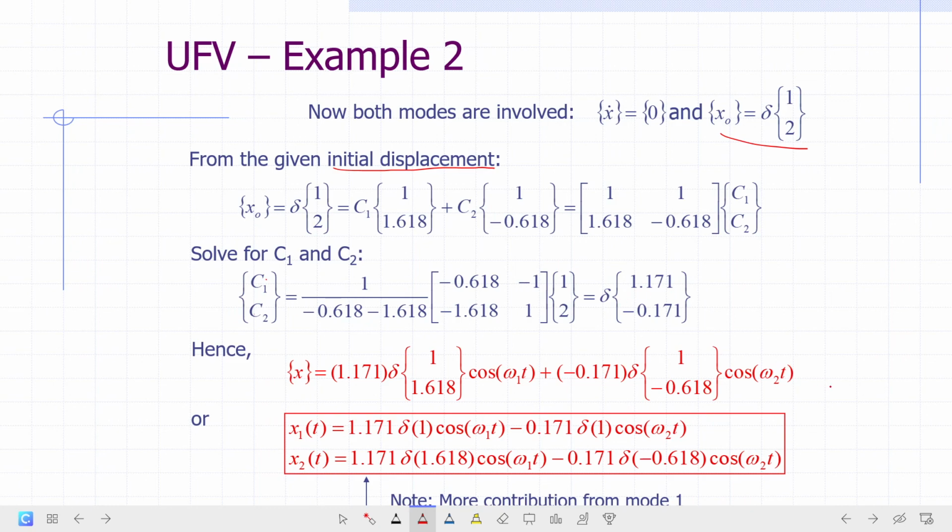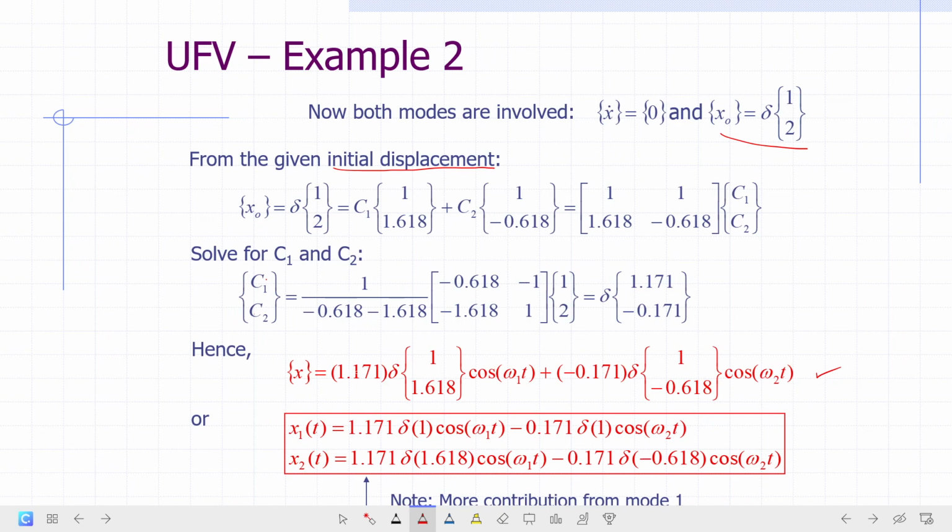So the final solution of the motion H1 and H2 takes this form. H1 and H2 are the combination of cosine omega 1t and cosine omega 2t, right?